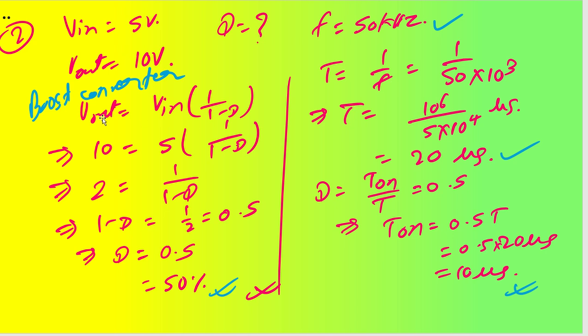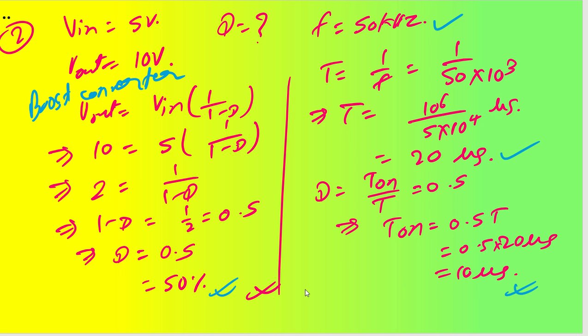By putting the input and output voltage into this expression, we found the duty cycle to be 0.5, that is 50%. Putting that into T on by T gives us a T on time of 10 microsecond.